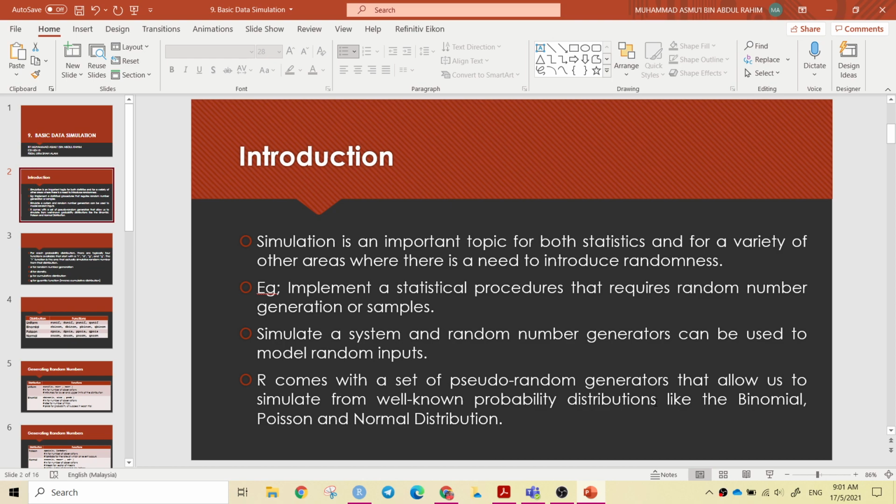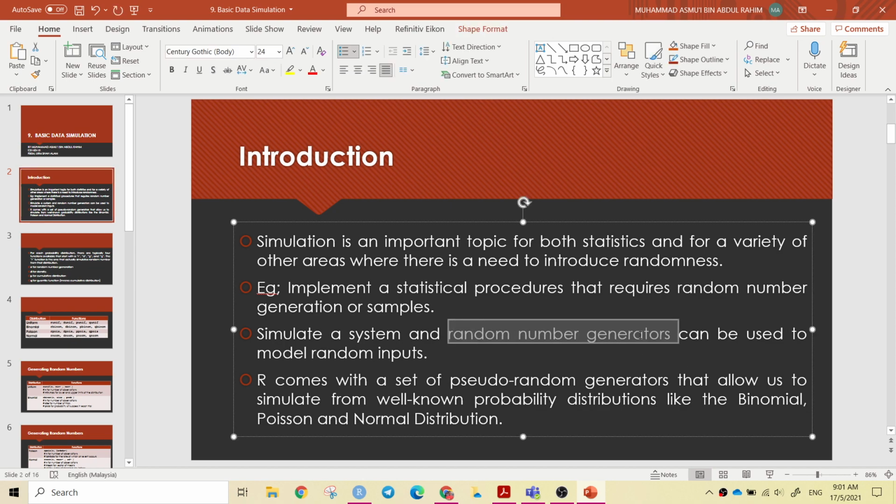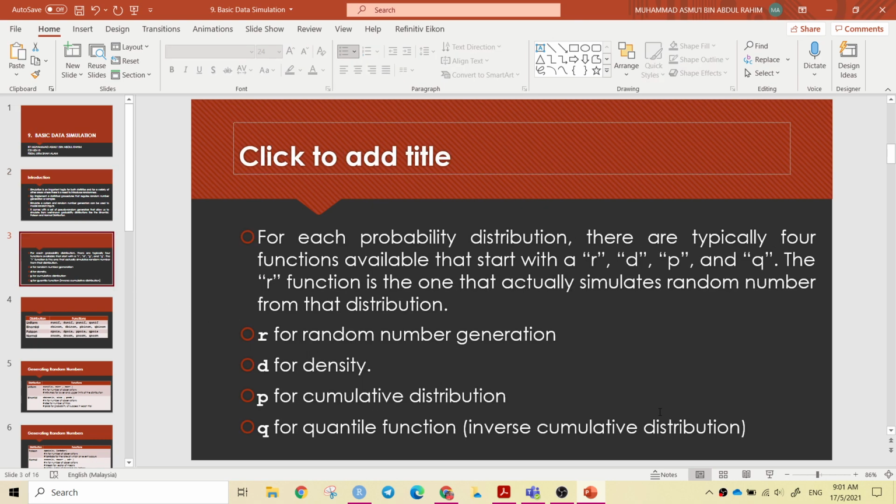For this basic data simulation, I will only highlight how to generate random numbers. Depending on what output you want to produce, it depends on the initial letter that you put in front of the distribution.